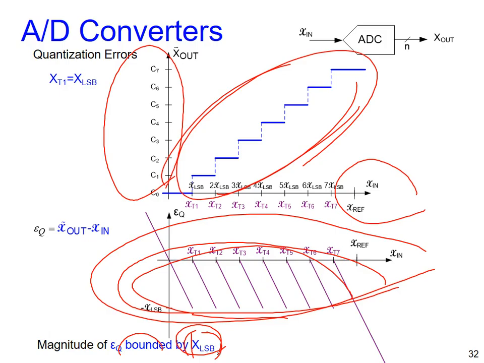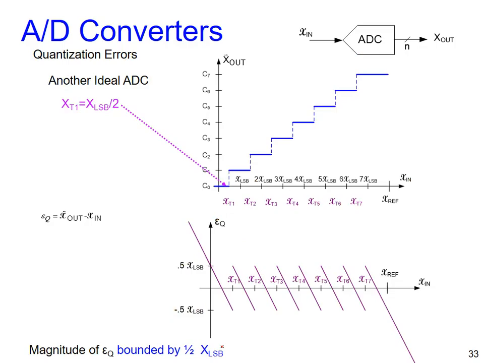If you are unhappy, no worries. We can help you to minimize the error. Okay? By 50%. See? What you can do? Redefine your transition point here. Because the original transition point is 1 LSB, 2 LSB, 3 LSB, right?